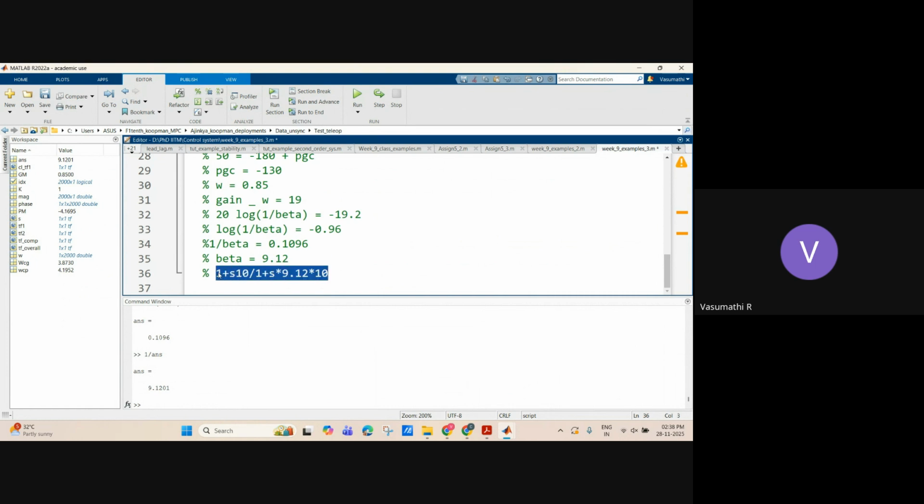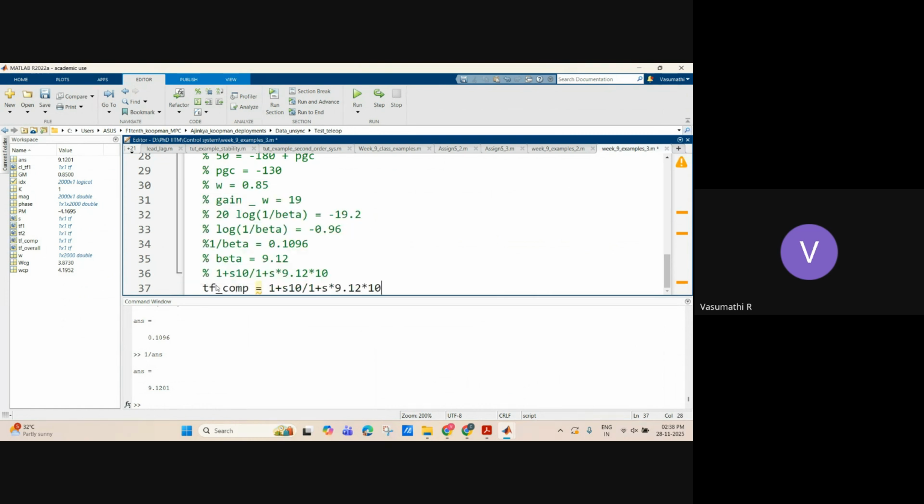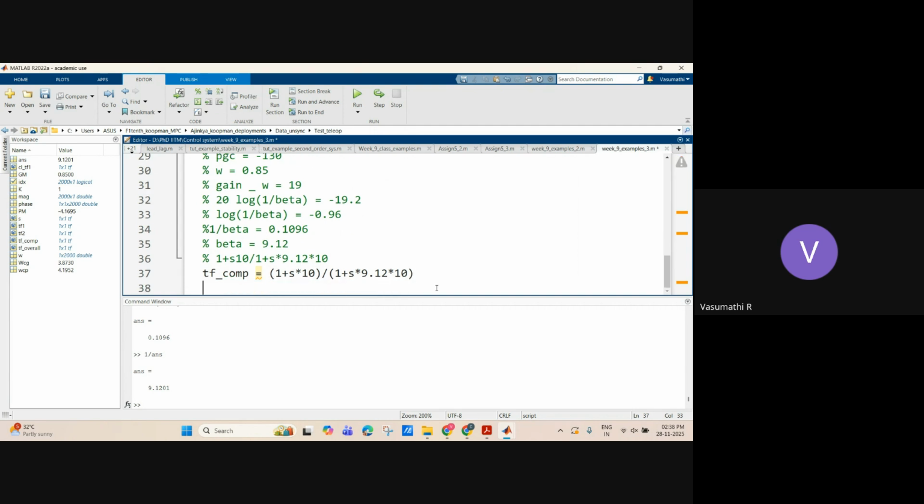So this is my lag compensator transfer function: (1 plus s into 10) divided by (1 plus s into 9.12 into 10).